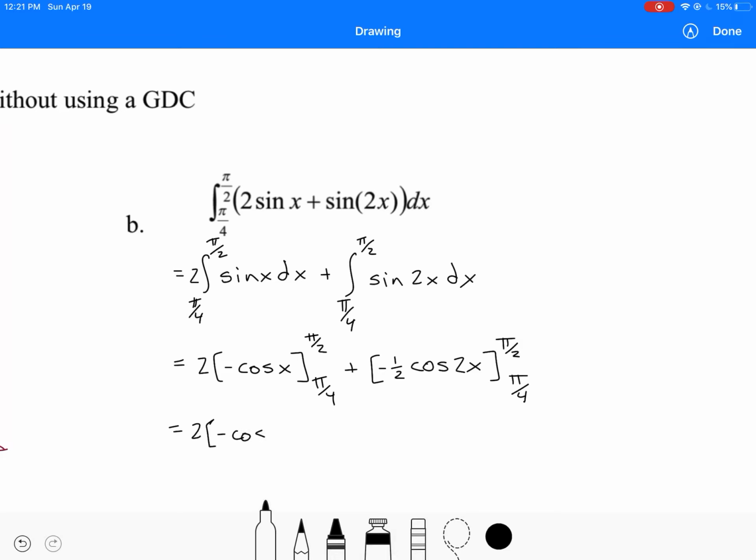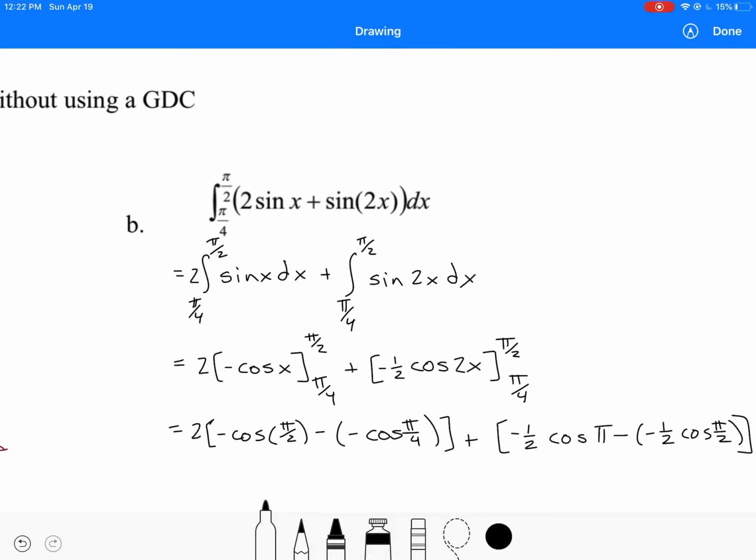So I've got minus cos pi over 2 minus cos pi over 4. Make sure you're getting all your signs correct here. Plus minus 1/2 cos, see, 2 times pi over 2 would just be pi. And then I would have minus 1/2 cos pi over 2 here to evaluate this one.